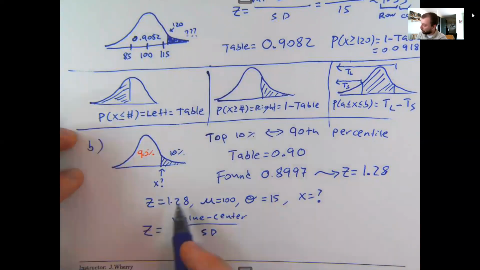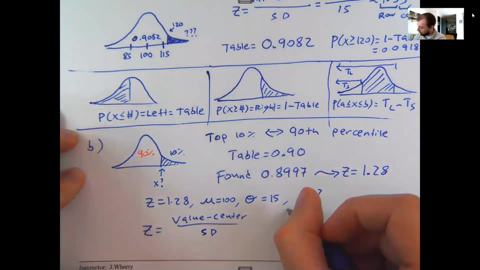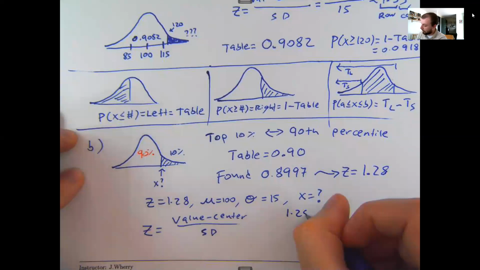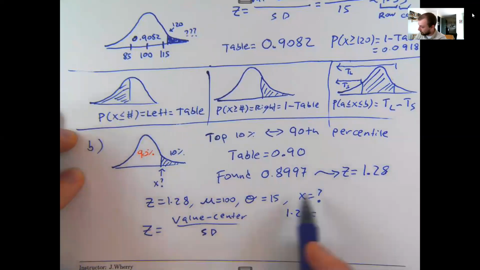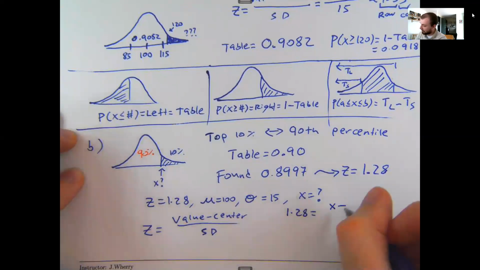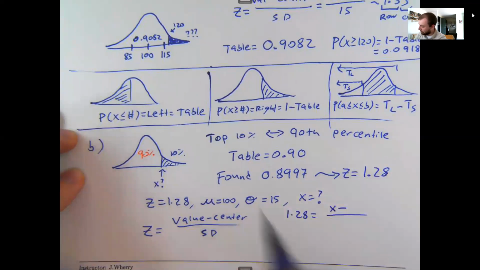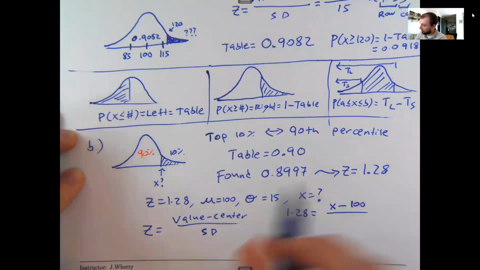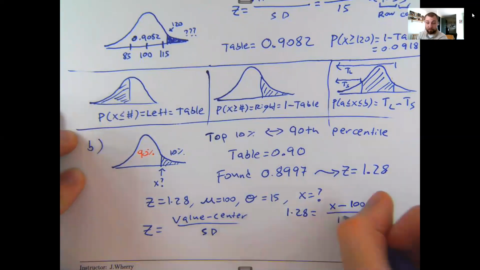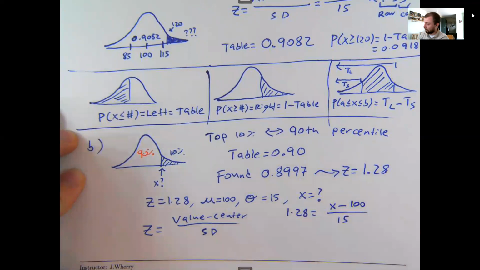So my z-score is 1.28, so I have 1.28 equals. My value I don't know, I'm calling it x. My center or my average is 100, and my standard deviation is 15. And now I'll do some algebra to get x by itself. To get rid of this division, I'll do multiplication.